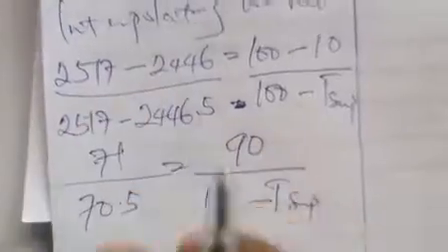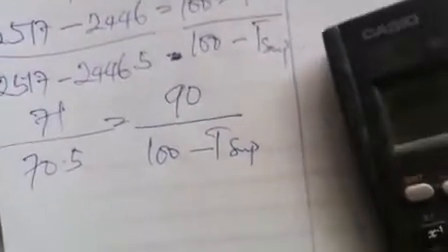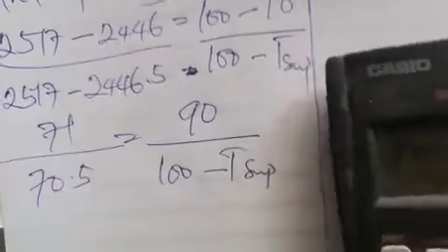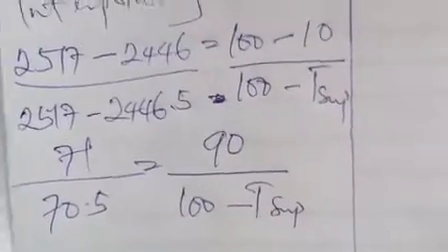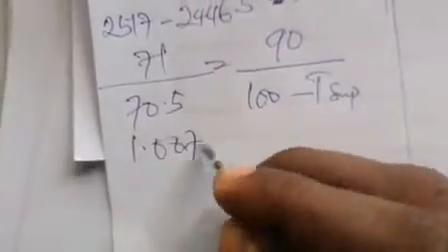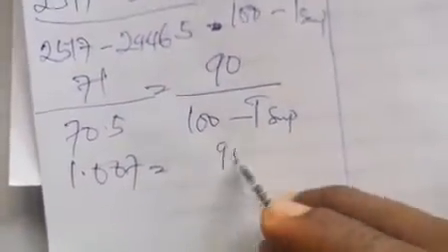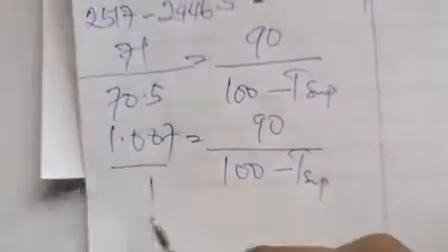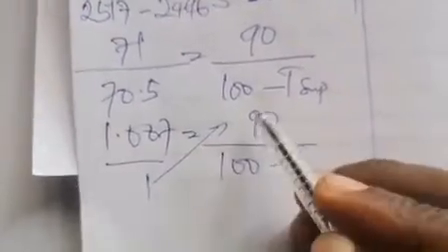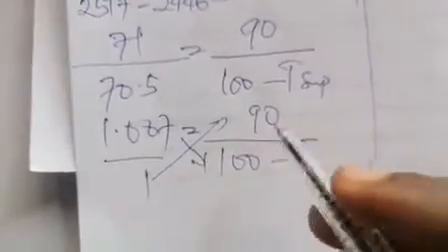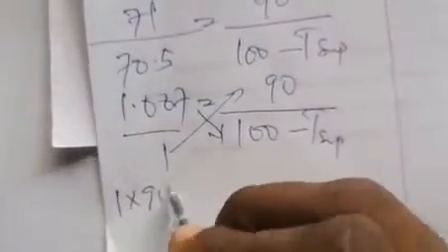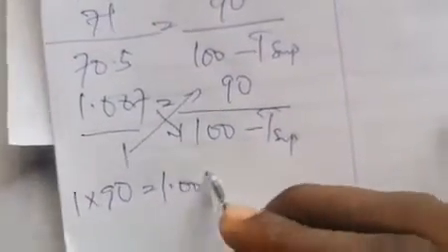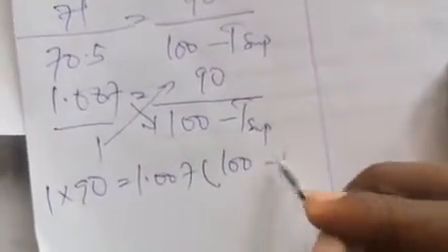So we can divide 71 by 70.5. That gives us approximately 1.007, and that's equal to 90 all over 100 minus T superheated. I said this is as simple as saying 1.007 divided by 1, so it becomes easier to cross multiply. 1 multiplies 90, and this multiplies the whole of this value, so I have 90 equals 1.007 multiplying 100 minus T superheated.